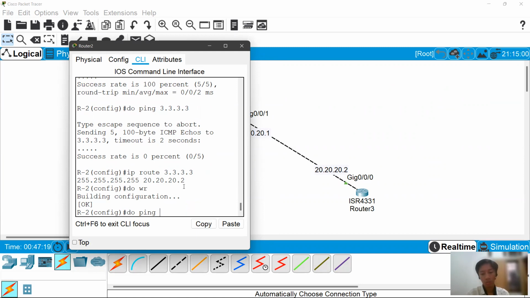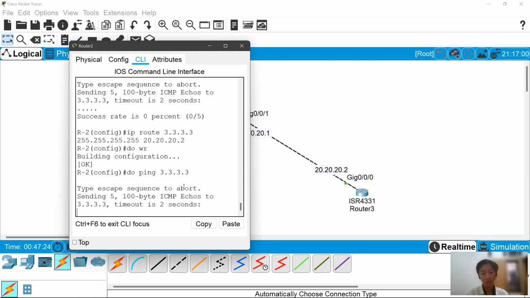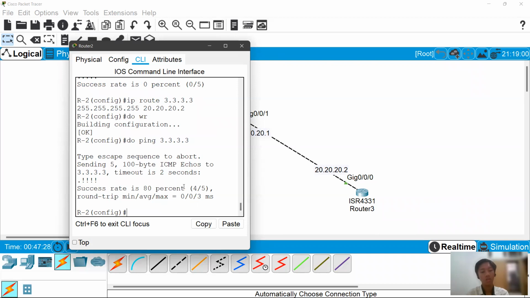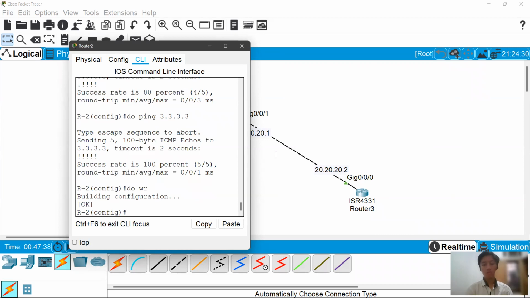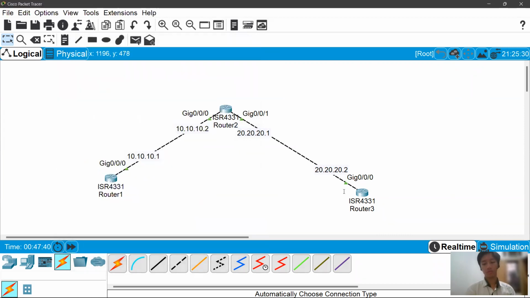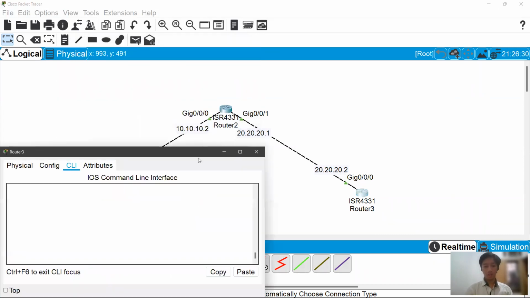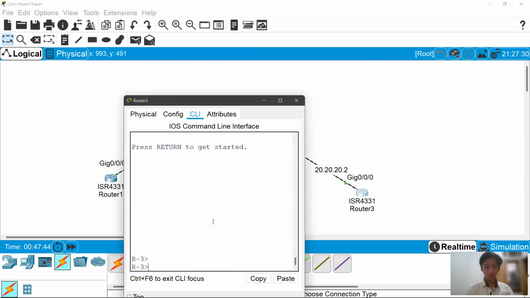Success 80% because of loading, and success 100% after loading. Okay, don't forget to do write. And in router 3, do the same.